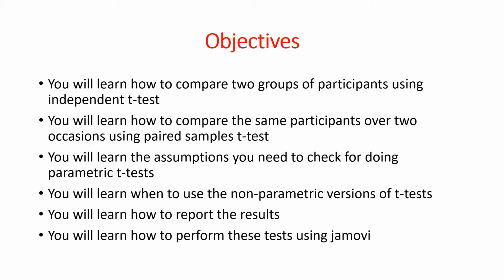You get to know what the assumptions are before doing any parametric t-test. So if one of these assumptions is violated, then you need to revert to non-parametric versions of t-tests. We will learn all about these in this session. Also, you learn how to report the results once you do the tests in Jamovi.